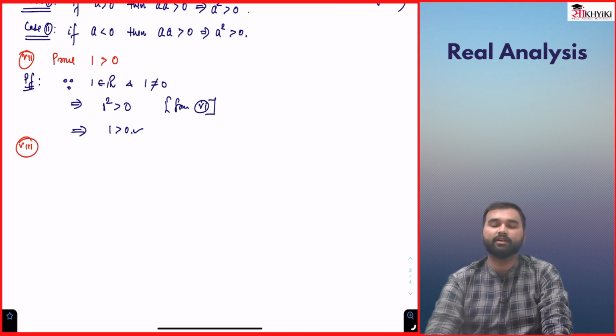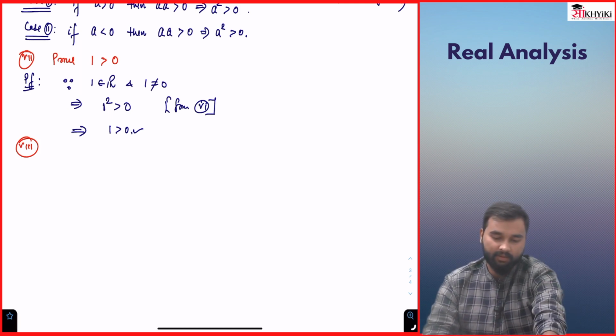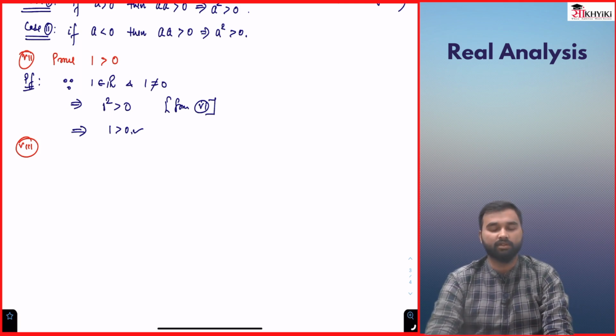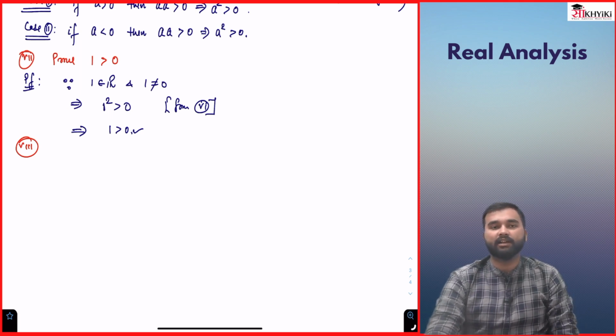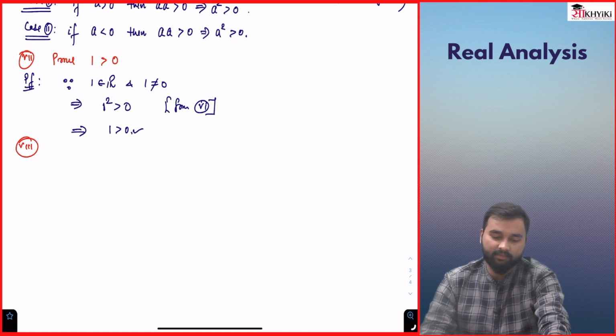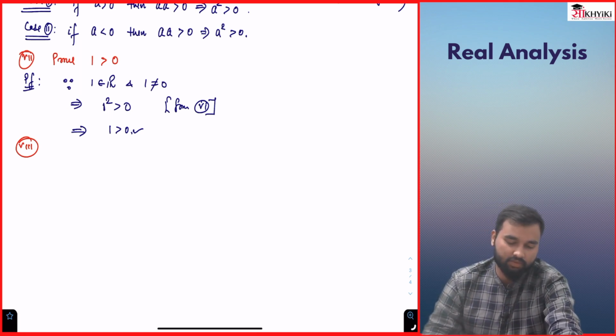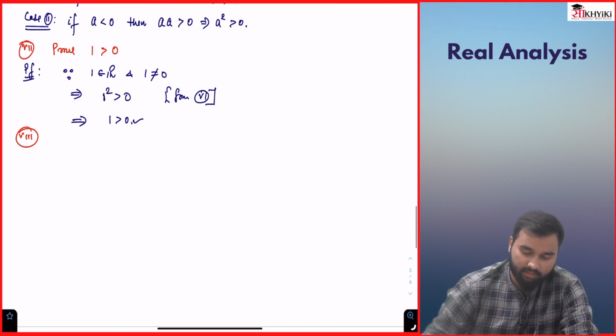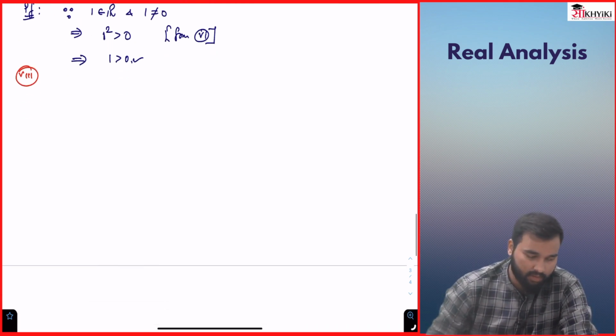In the first step, we prove that the given mathematical statement is true for the natural number 1. Then in the second step, we assume that it is true for a natural number k. And in the last step, we prove that it is true for n equals k plus 1.